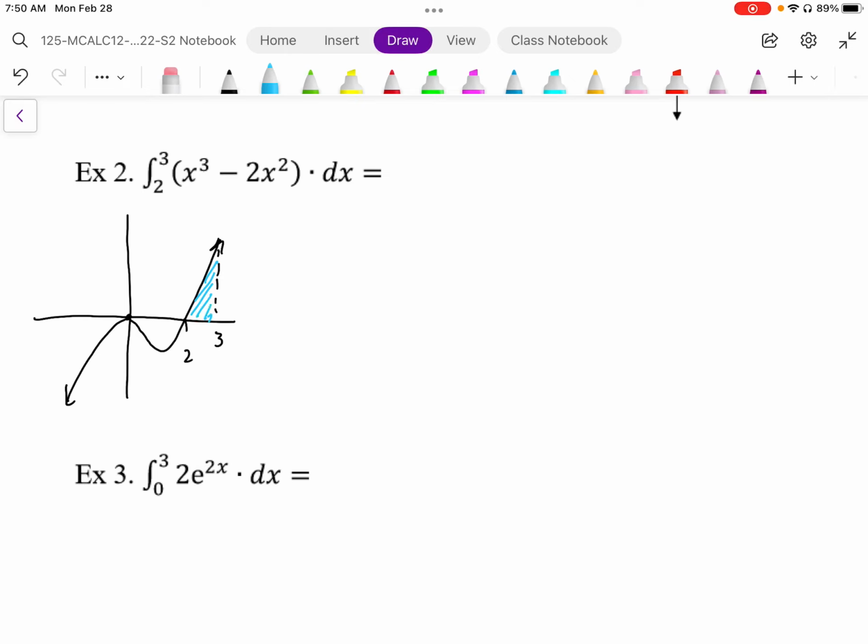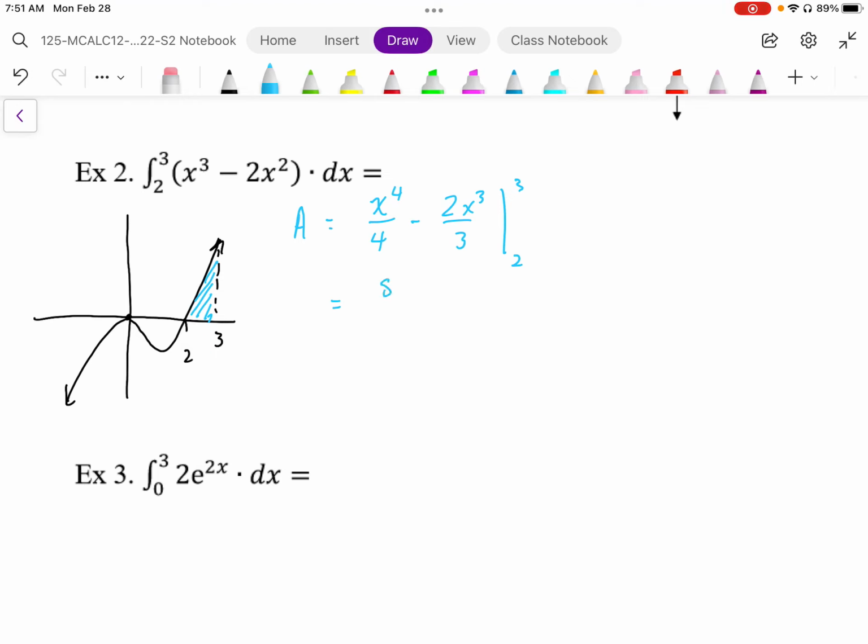To find that area, we're going to take the antiderivative function. So we're going to anti-differentiate this to x to the 4 over 4 minus 2x cubed over 3. And the difference between the bounds, 2 and 3, on the antiderivative should calculate the area underneath that curve.